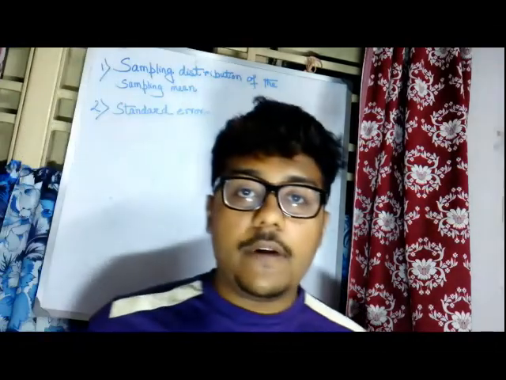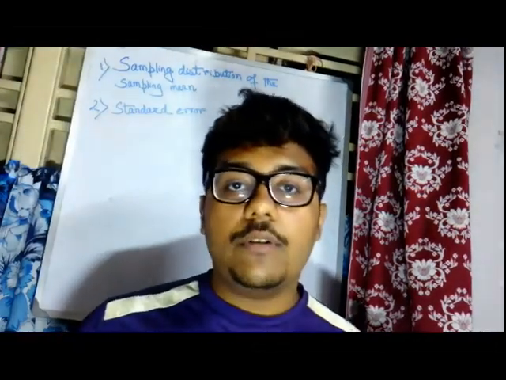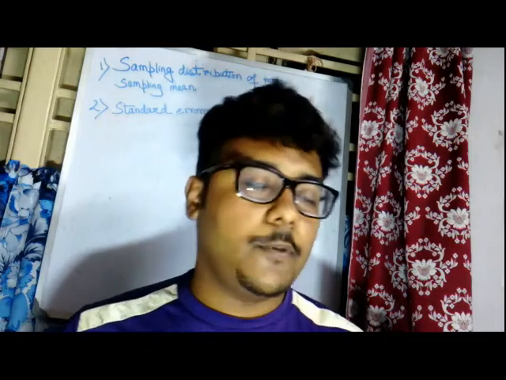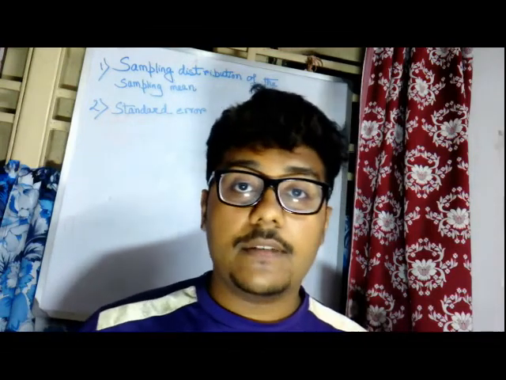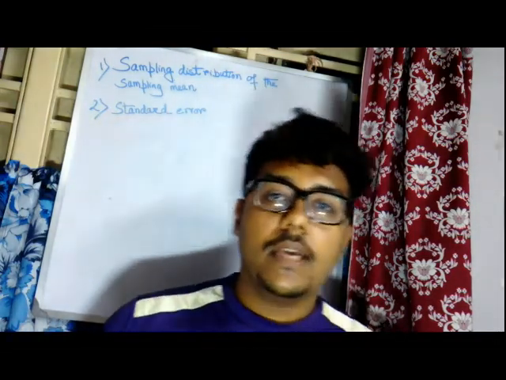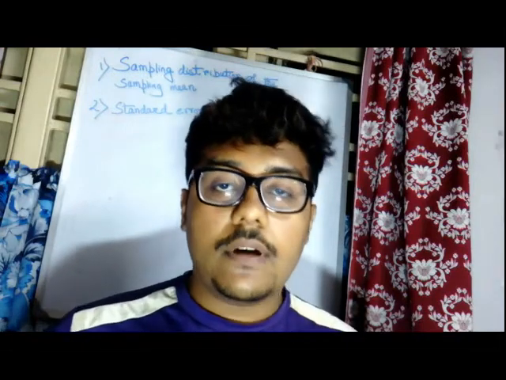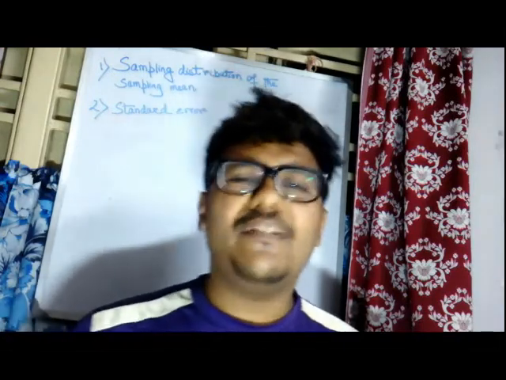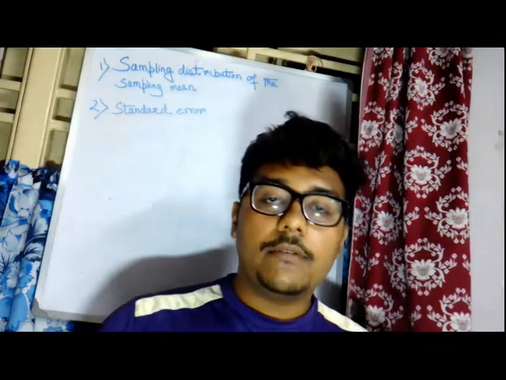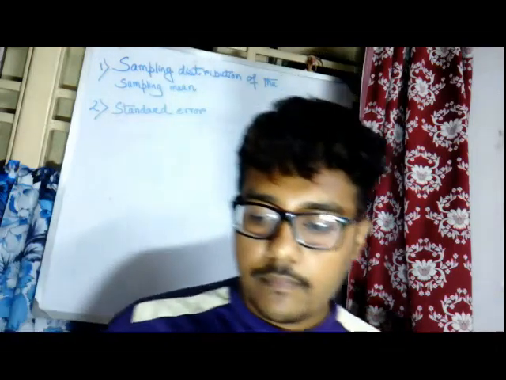It is not possible for a statistician to test the whole population, here the 10,000 bulbs we are considering as a population. So in this case we take a few samples, for example 30 bulbs. Now these 30 samples will give me the average characteristics of the whole population.